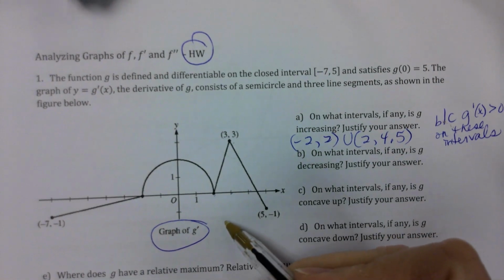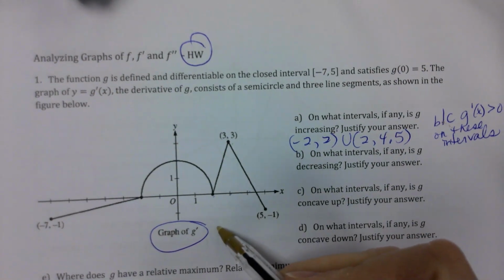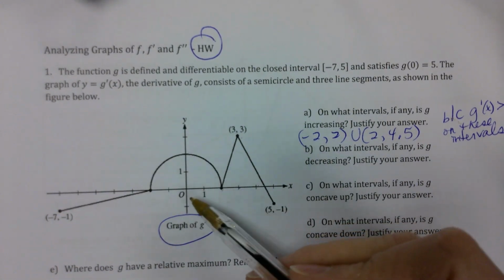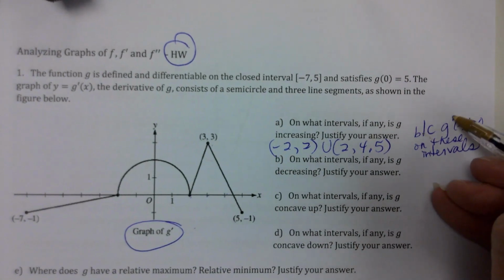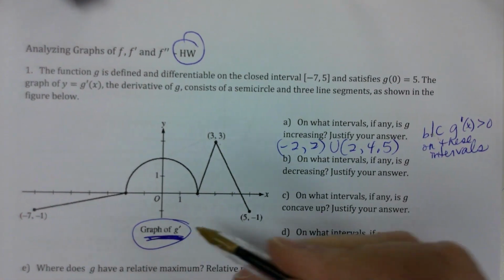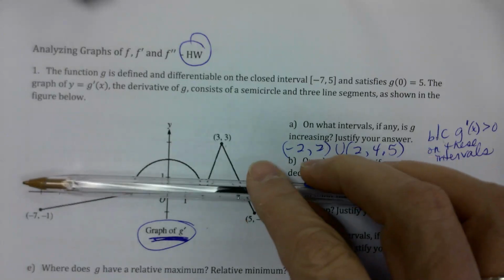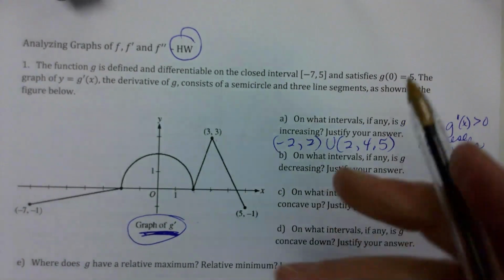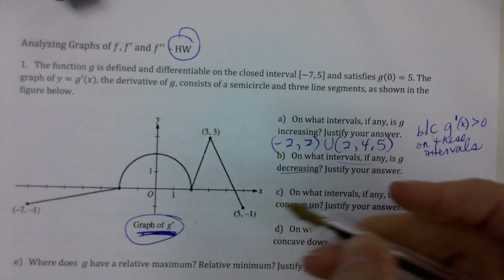Excuse me, sorry to interrupt your conversations, but the ones you look above the x-axis for would be finding G prime positive, because this is G prime. G prime positive means G prime is above the x-axis. So for decreasing, we're looking for where G prime is negative.